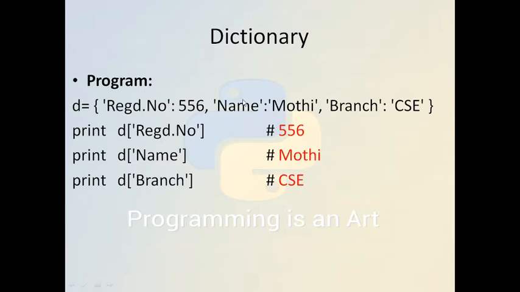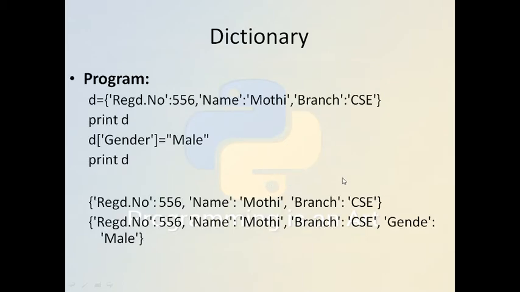Name is a key and mothi is a value. Branch is the key and CSE is a value. So we can print D of registered number, and the output will be 556. D of name is mothi, and D of branch is CSE.